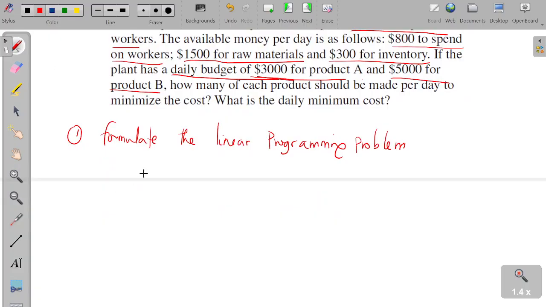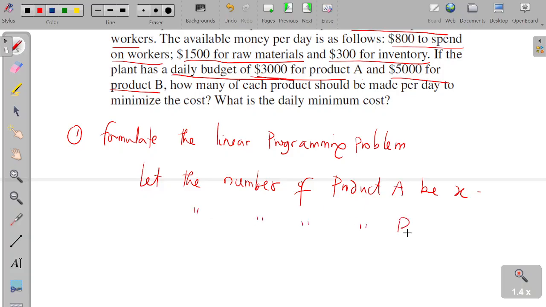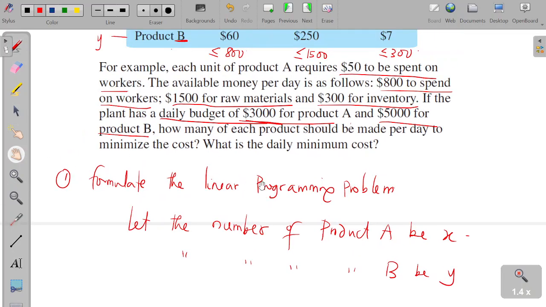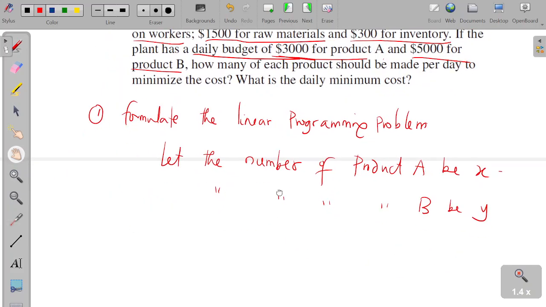So let the number of product A be x, and the number of product B be y. How many of each product should be made? Yes, so that is the number.